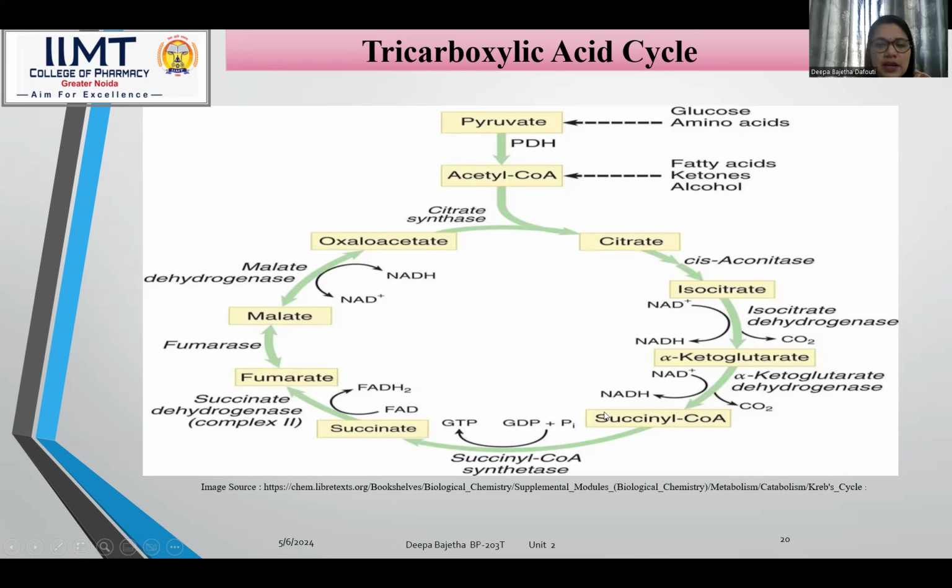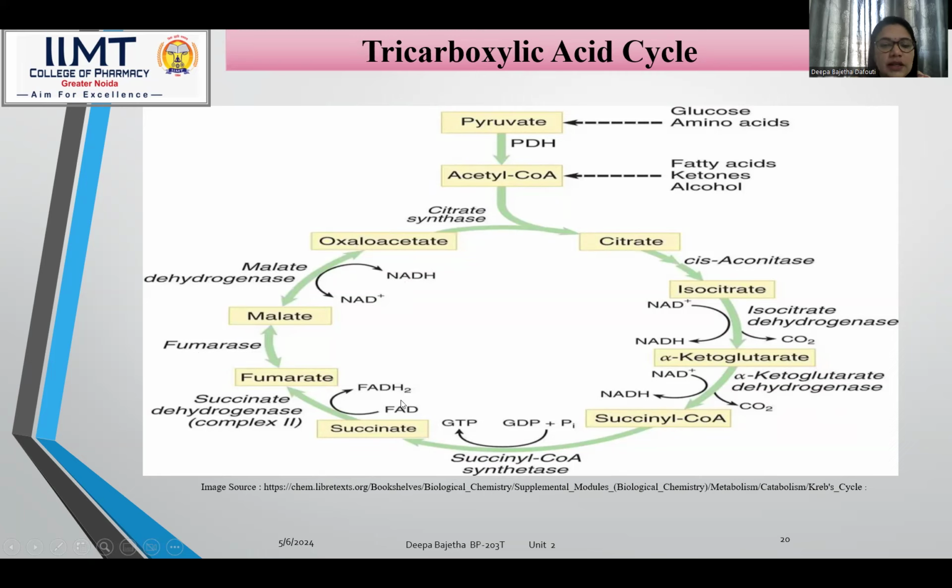Then succinyl coenzyme A is further converted into succinate, and 1 mole of GTP is synthesized, by the enzyme succinyl coenzyme A synthetase. This succinate is converted into fumarate, and FAD is reduced to FADH2 with the help of succinate dehydrogenase. Then fumarate is converted into malate by fumarase, and malate is converted into oxaloacetate with the help of malate dehydrogenase, and NAD is reduced to NADH.